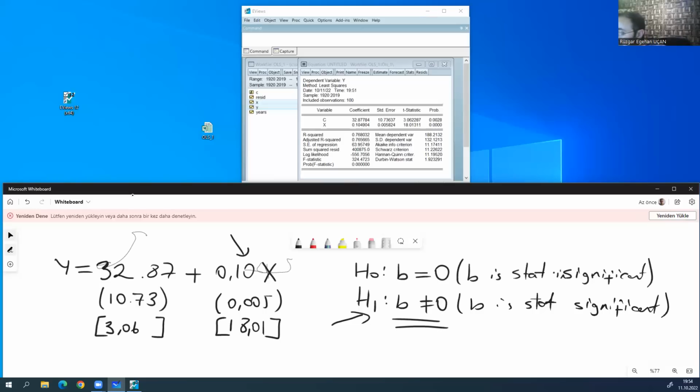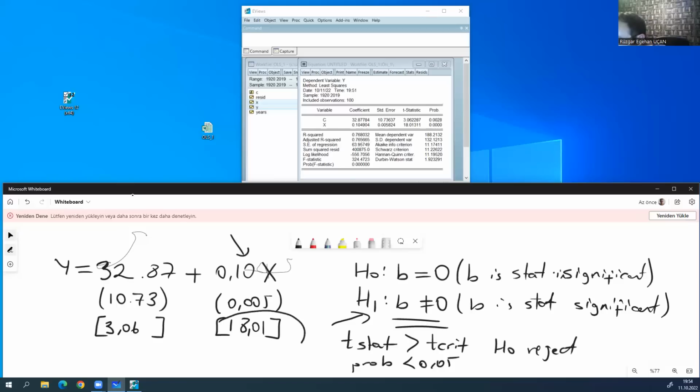So again, remember that if the t-stat value is bigger than the t critical value, or the probability value is smaller than 0.05, we reject H0. Is it like that? Yes.